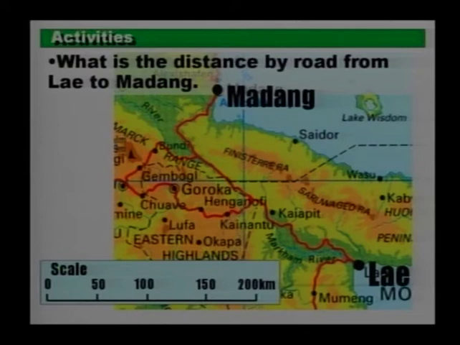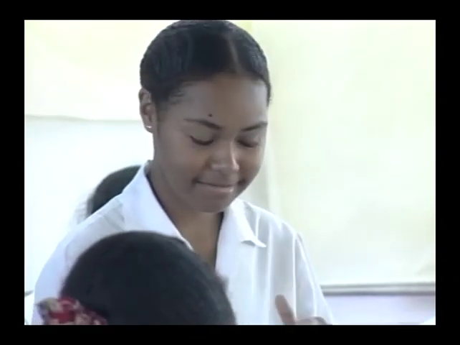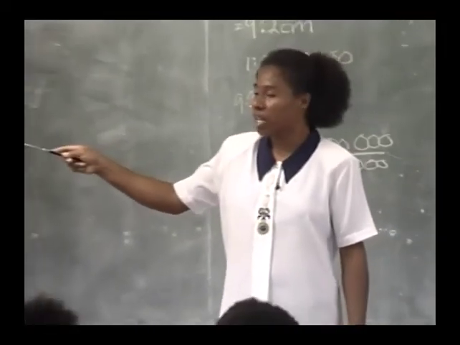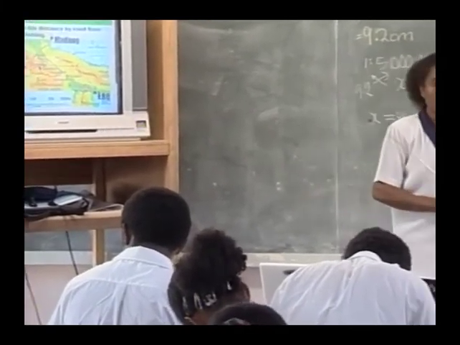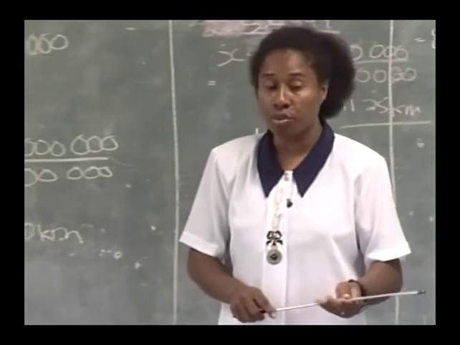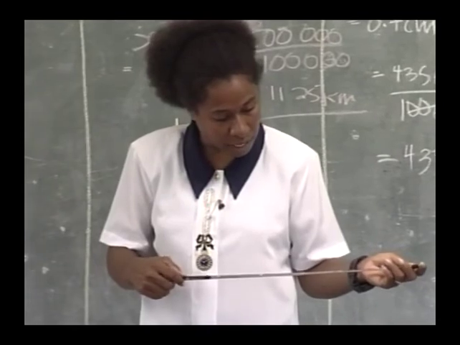Silo? 5.1 centimeters. Okay, 5.1 centimeters. We'll double check. Did we get about 5.1 centimeters for this distance from Leh to Medeng? Yeah, most students would have got around 5.1, 5.2 centimeters. We'll work with what Silo has given as 5.1 centimeters from Leh to Medeng.